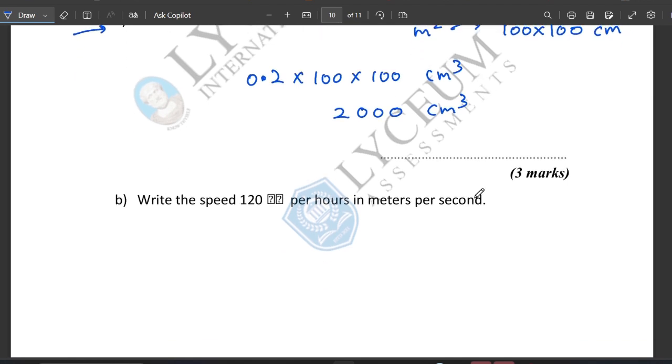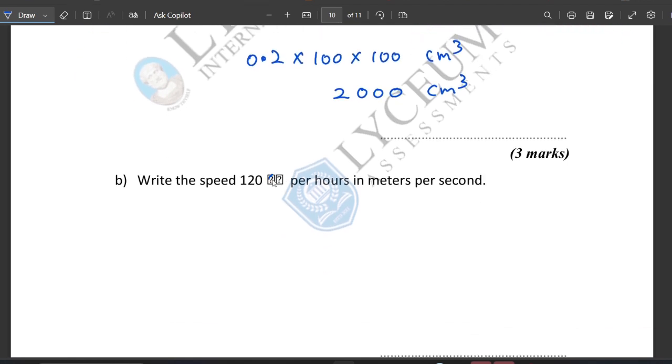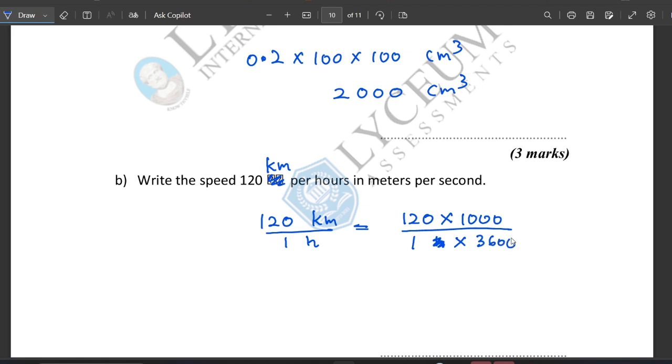And this one I assume as kilometers. Ride speed 120 kilometers per hour in meters per second. So 120 kilometers per hour. I convert this by multiplying the top part by 1000 and the bottom part by 3600.